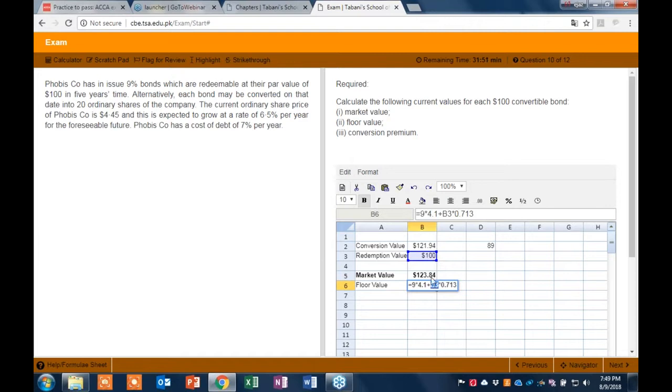So we'll just write B3 instead of B2 here and multiply it with 0.713. It means that this is the worst possible value of this debenture, and that's why it is called floor value, the minimum value of this debenture. So even if the conversion option is not likely to be chosen by the investor, it will still have the value of $108.2. This is called floor value.